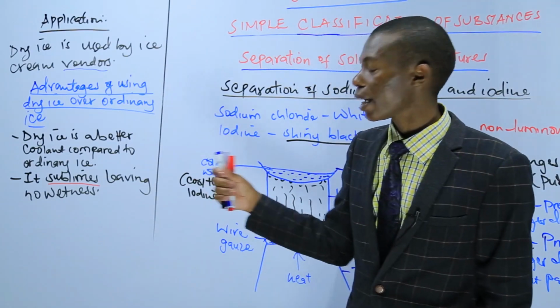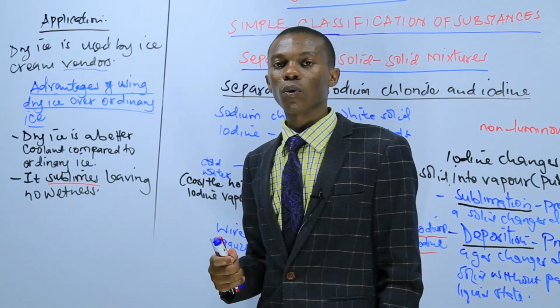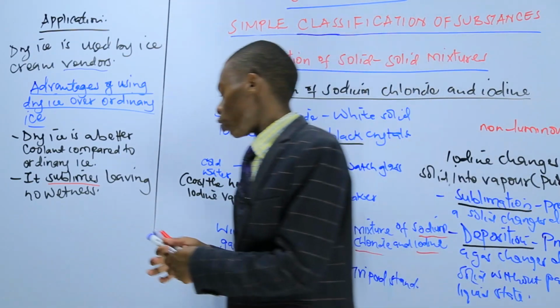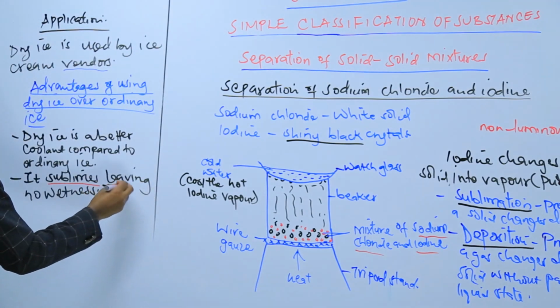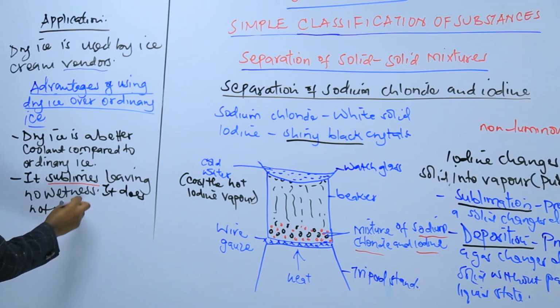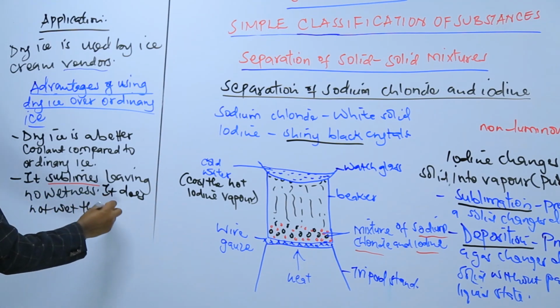Dry ice or solid carbon dioxide is able to sublime while ordinary ice does not. Therefore, it does not wet the vendor's goods.